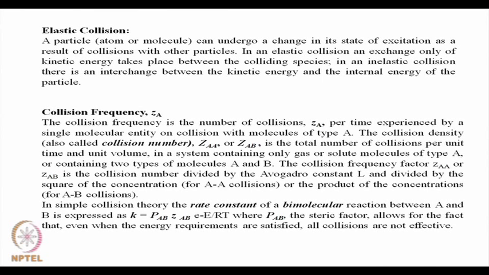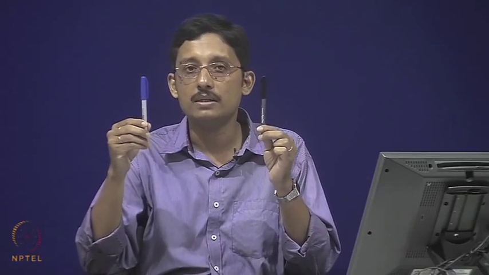Elastic collision: a particle, that is an atom or a molecule, can undergo a change in its state of excitation as a result of collisions with another particle. State of excitation means, suppose because of collision, say this molecule was in the ground state and this molecule is in the excited state.